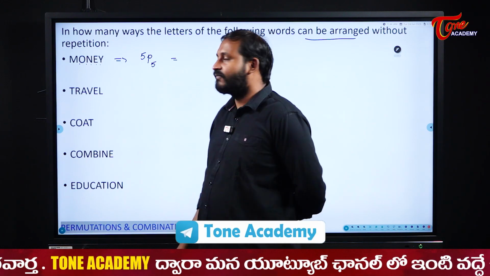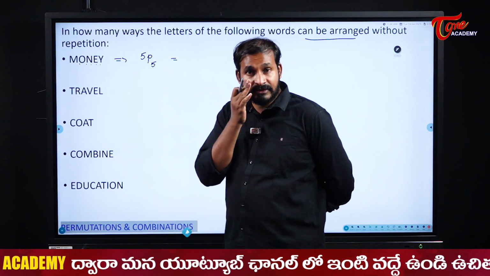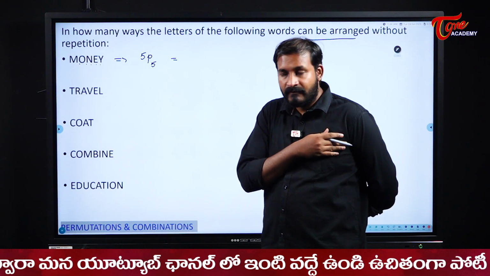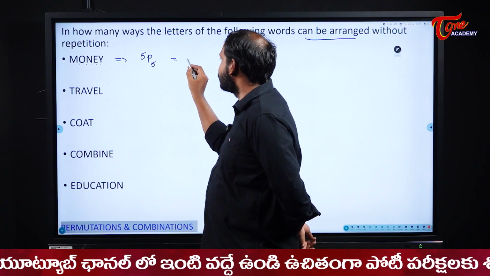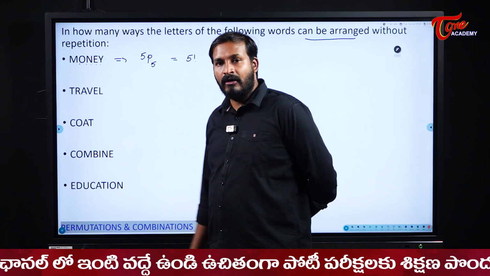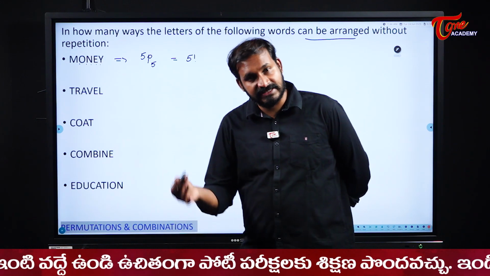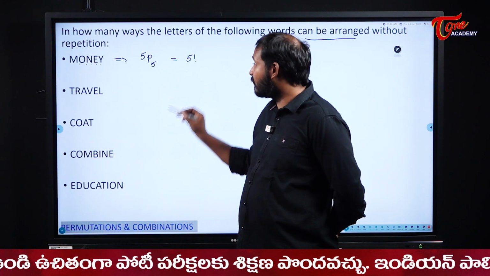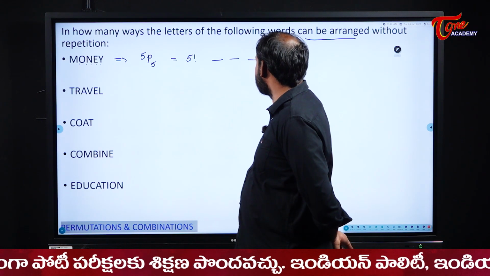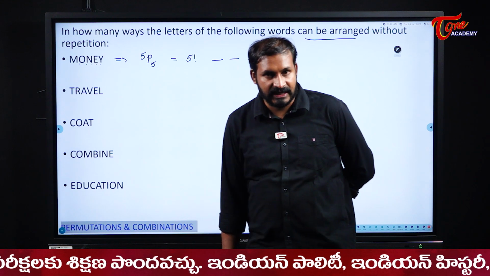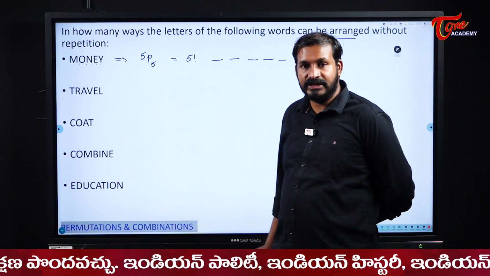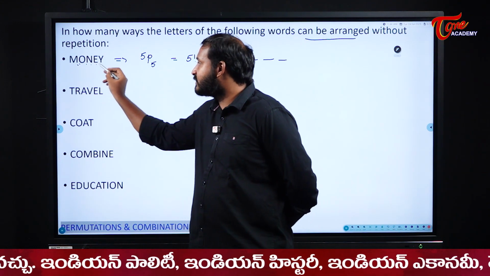5P5 is equal to 5 factorial, or else, if you see it in the general way, total how many positions are there for me? 5 positions. When it comes to my first position, how many chances are there out of these 5?